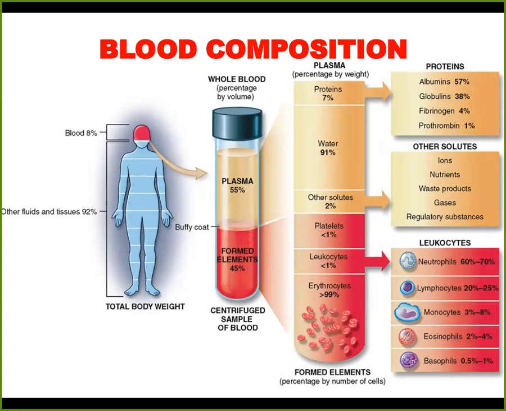And plasma is water and dissolved components like inorganic ions, wastes, gases, and organic components. Mainly, it's proteins which divide into several subgroups: albumins, globulins, fibrinogen, and prothrombin.